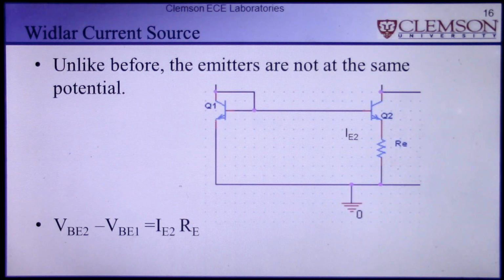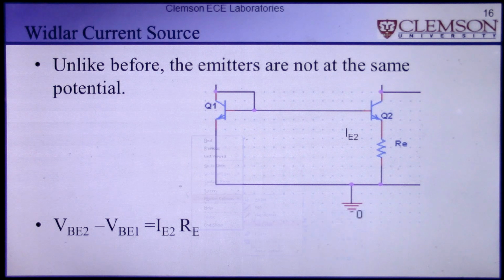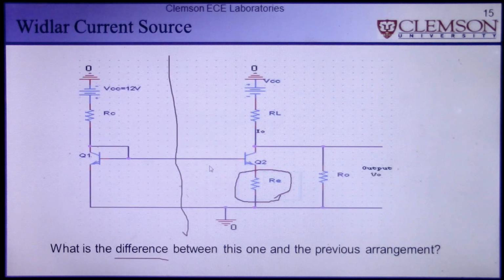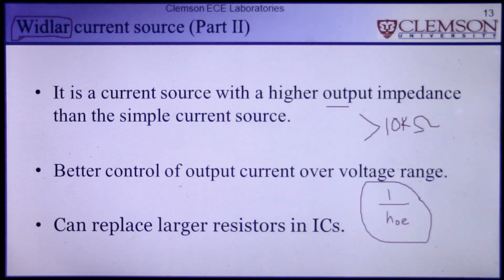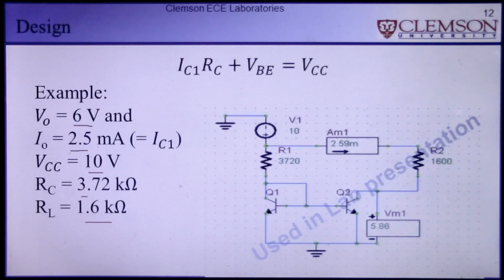And in this case, the voltage at this point and the voltage at this point are not the same. If you think about the very first circuit, we can use this circuit here, no problem.